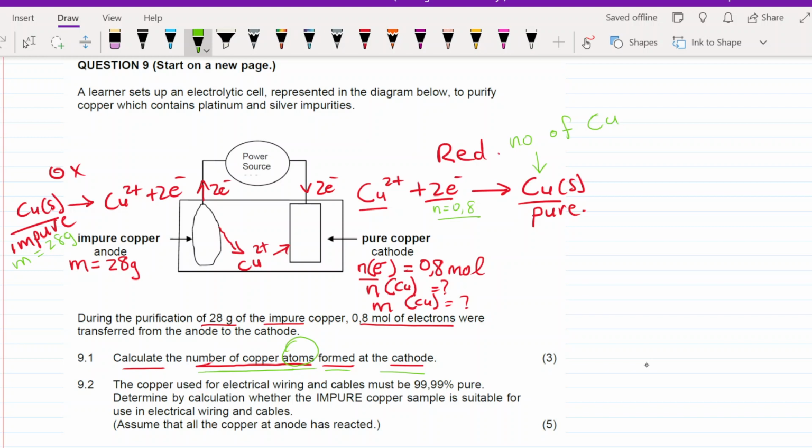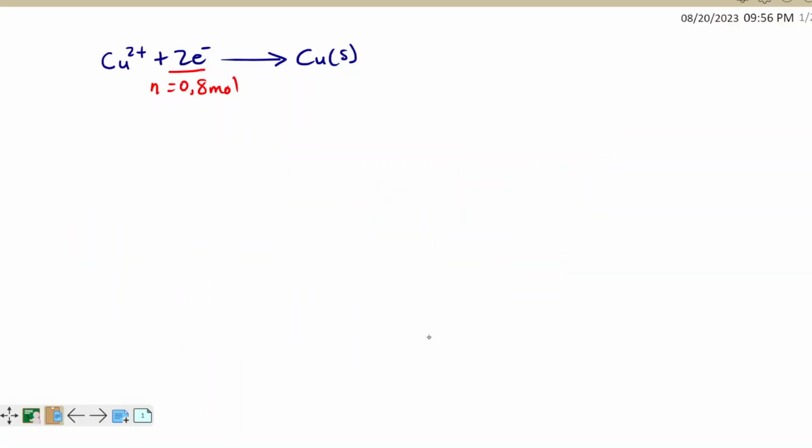Okay, so I'm going to quickly do this calculation on a white page. This is what we have. This is the half reaction. So we have the number of moles of the electron. What is the number of moles of the copper atom if we know the number of moles of the electron?